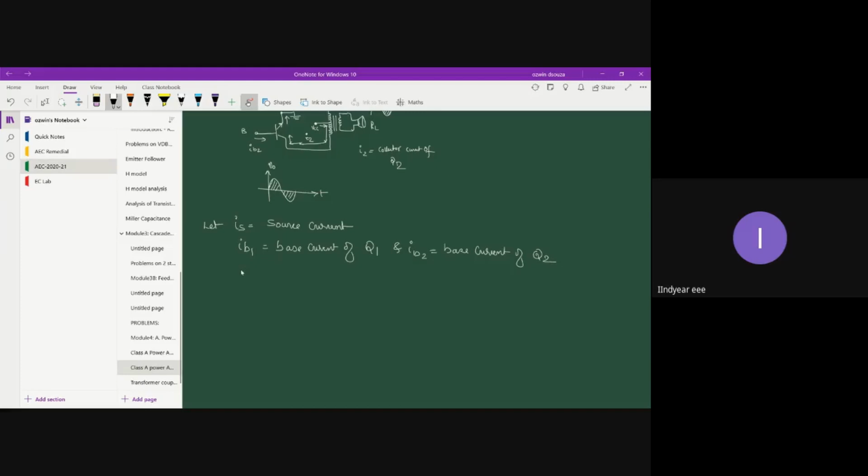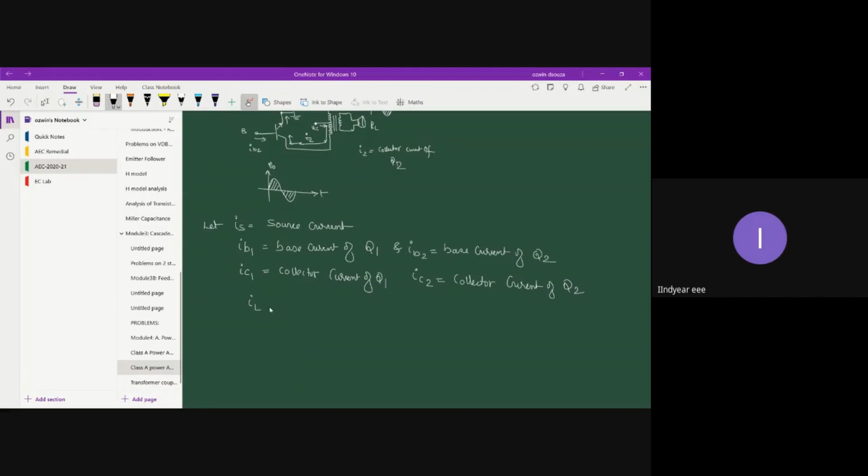And then we have IC1, the collector current. IC1 is equal to collector current of transistor 1, and IC2 is equal to collector current of transistor Q2. And then we have the load current.